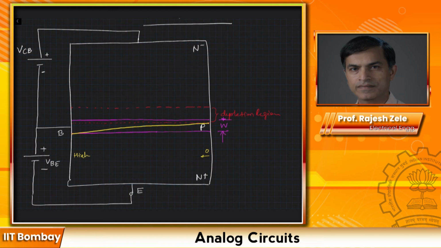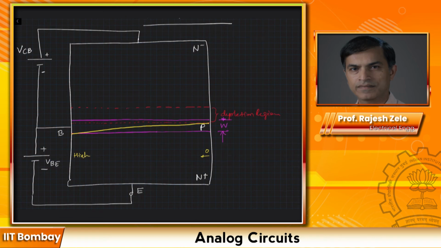These electrons in the base region come close to the depletion region and are attracted by the positive potential at the collector. And all this large current, which is happening due to diffusion of electrons into the lightly doped base region, will straight away shoot through and flow to the collector.